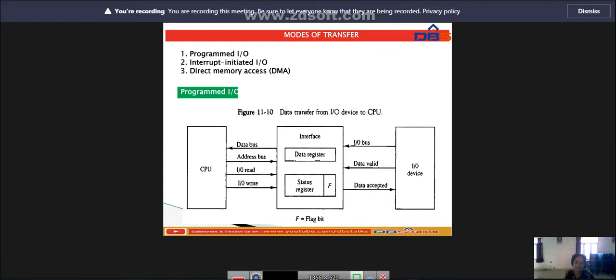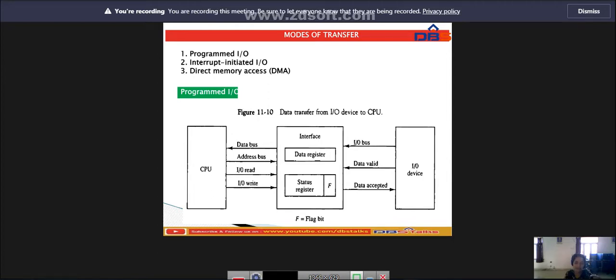For example, data will be transferred from input output devices through an interface into the CPU, as in this diagram. So this is called programmed input output.